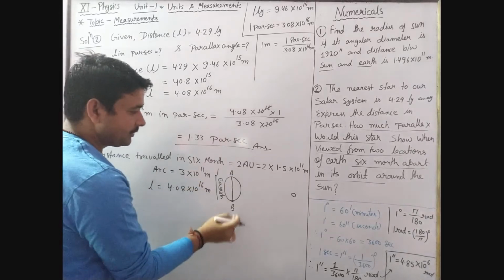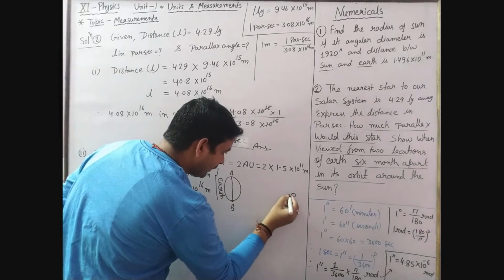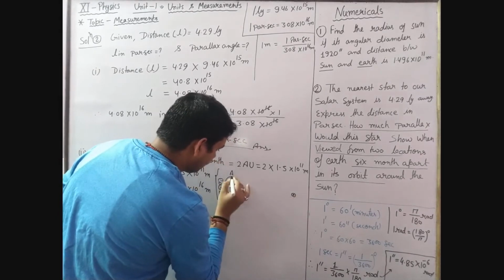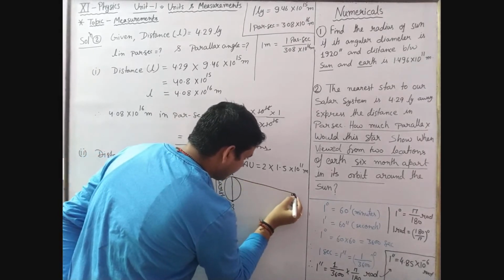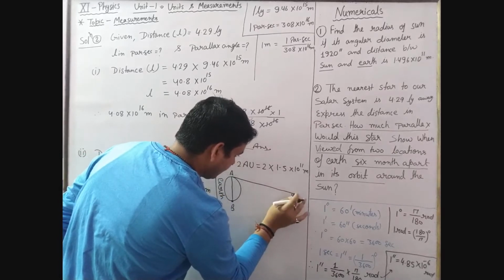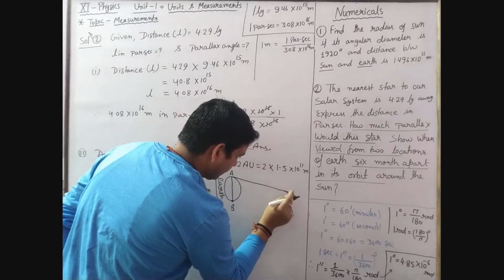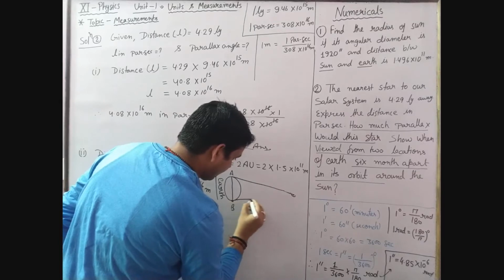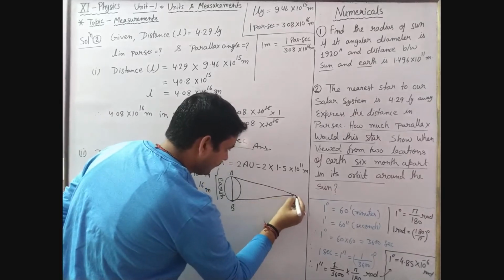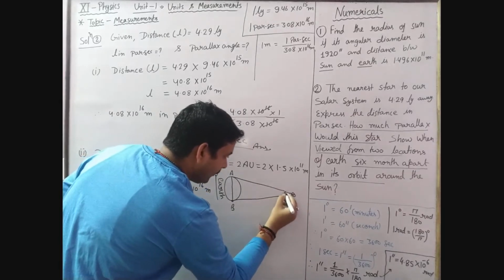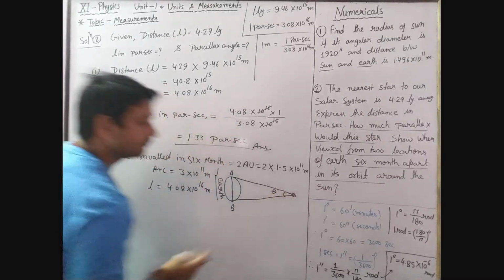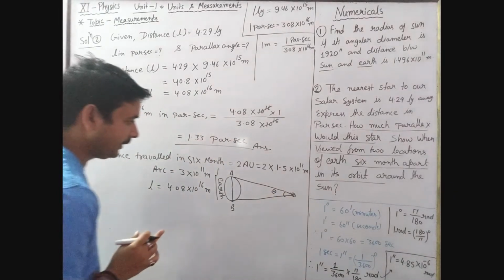Now from the two locations the star is observed and makes an angle theta, the parallactic angle theta here.